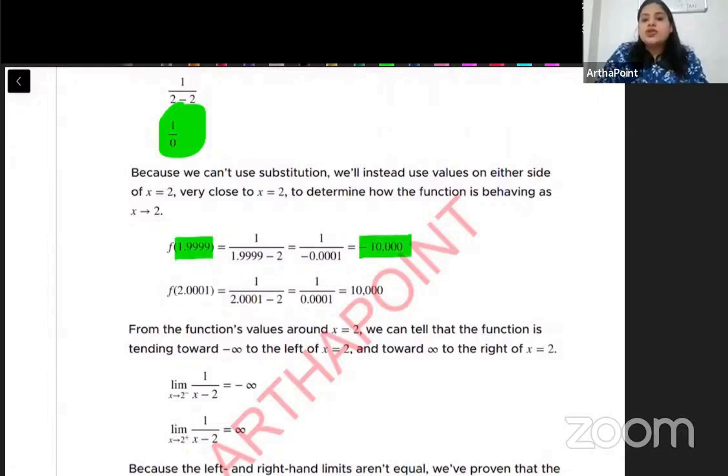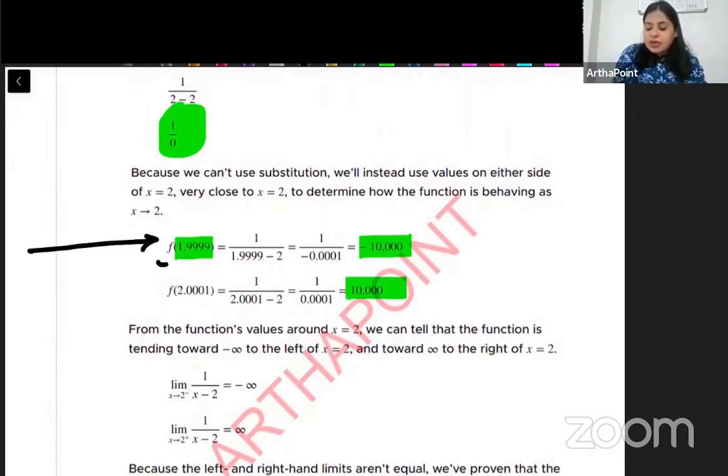And when you approach this from the right-hand side, let's say 2.0001, again very close to 2, but greater than 2, you will get 10,000. So again, a very similar situation has come in. When I'm trying to go towards 2 with any number less than 2, it is giving me negative large values, right?